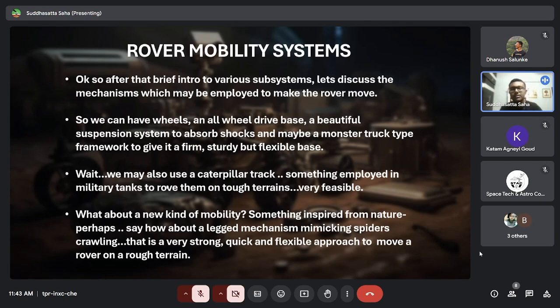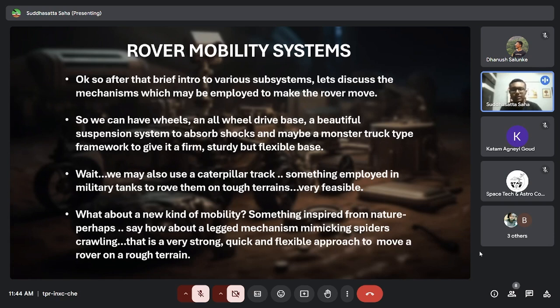A beautiful suspension system to absorb shocks, and you have seen those monster trucks in movies, so you can do that type of construction. But that requires a great deal of study and analysis of vehicle dynamics to put this into action. And it is very beautiful. It is like putting all those jigsaw puzzles together and creating the complete picture. And when you look at it, you feel the beauty of this beast.